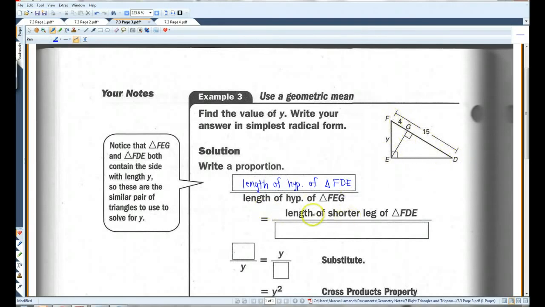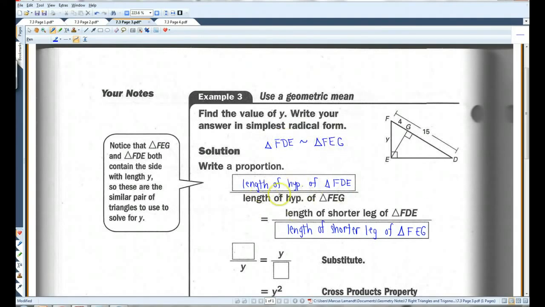Okay? This equals the length of the shorter leg of triangle FDE. So the shorter leg would be here, which corresponds with the length of the shorter leg of triangle FEG. Okay, so the 2 triangles I'm using here, hopefully you guys can tell, triangle FDE and triangle FEG.